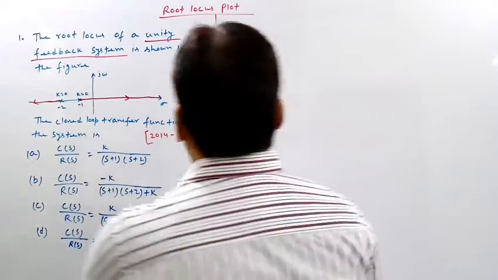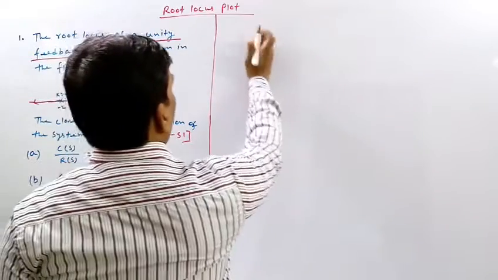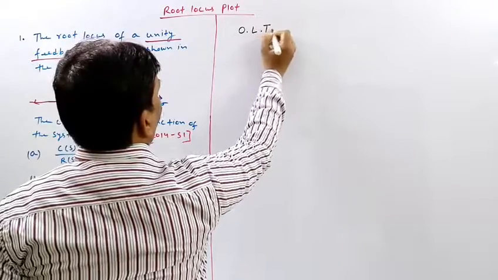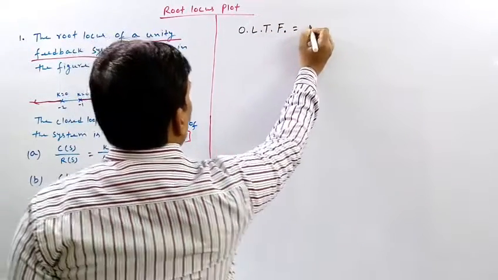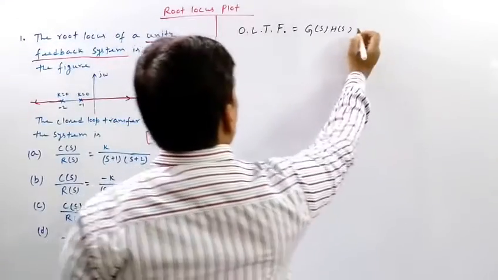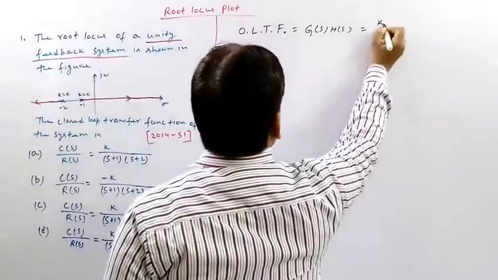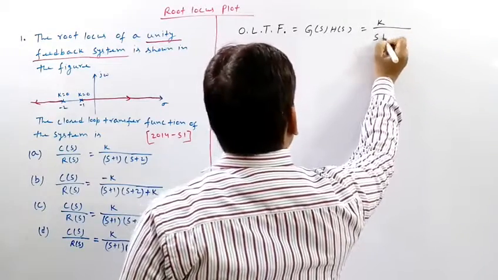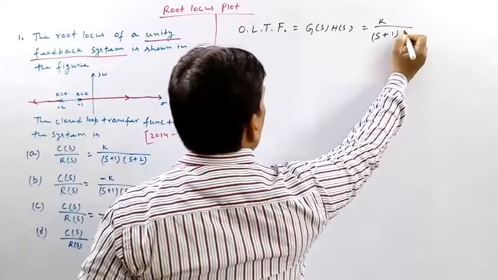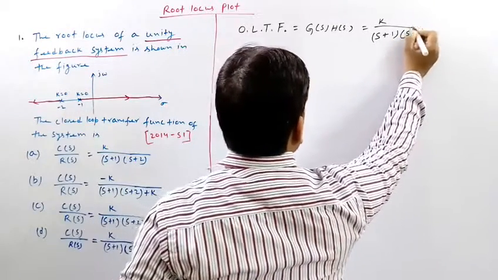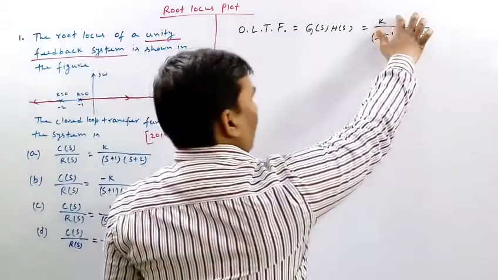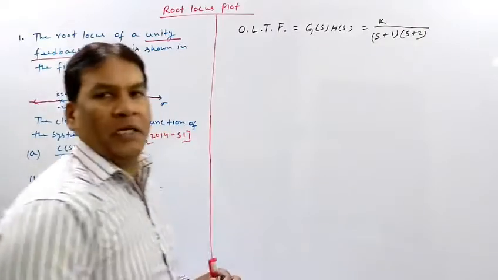So the open loop transfer function G(s)H(s) will be K divided by (s plus 1) into (s plus 2), since one pole is at -1 and another pole is at -2. Since there is no zero, nothing will come in the numerator except the open loop gain K.